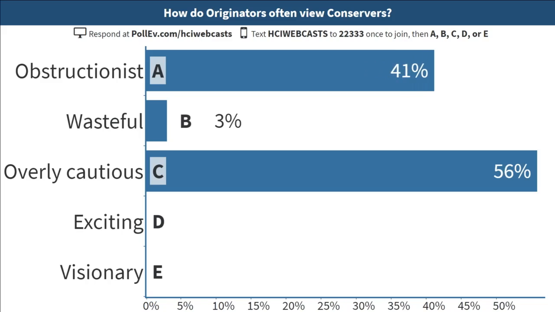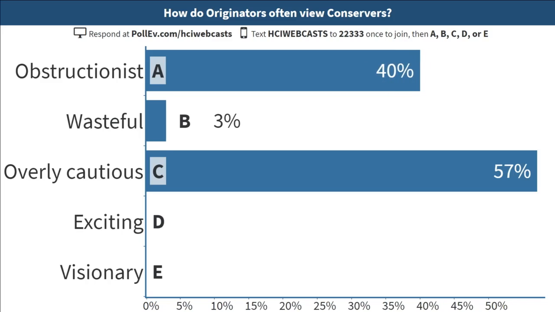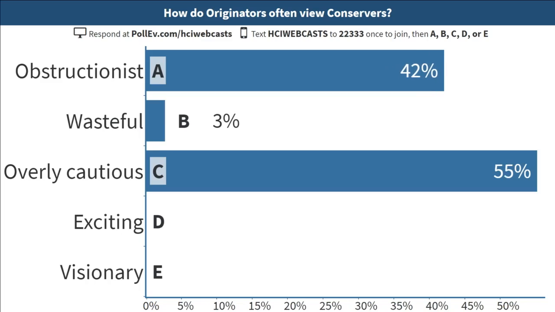Wasteful is generally not what is thought. Where it is wasteful is the originators who think conservers are being wasteful think you're wasting an opportunity, that you're wasting the great options we have, and wasting our resources by not reinvesting and growing. So wasteful can be the case, but only when framed that way, and it doesn't often come up that way.